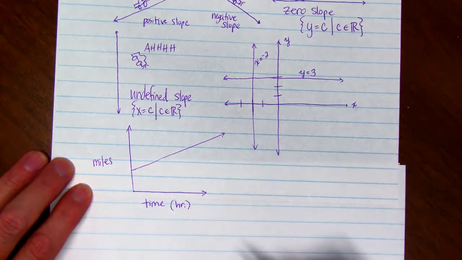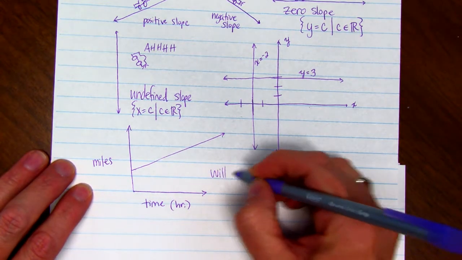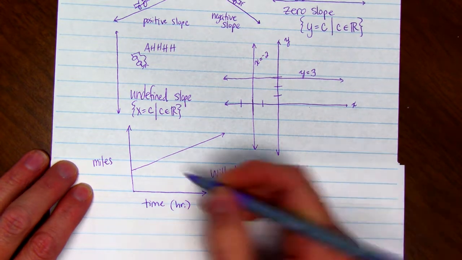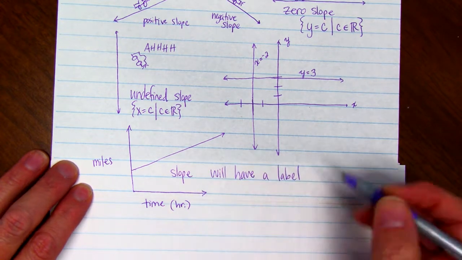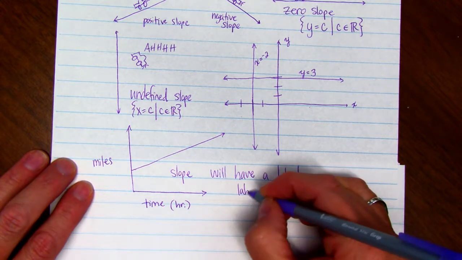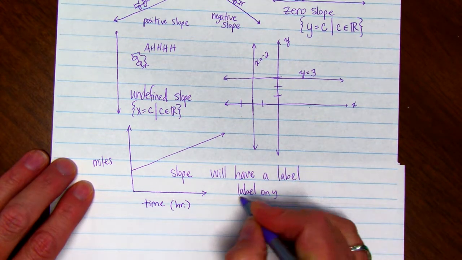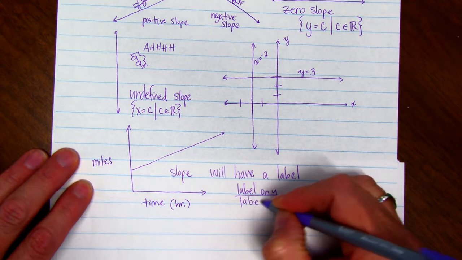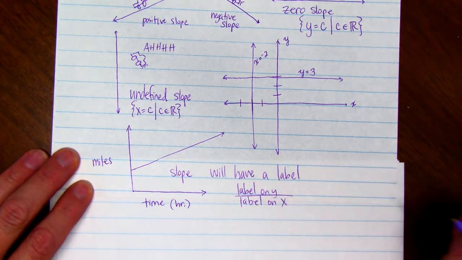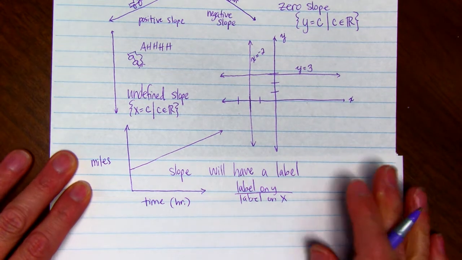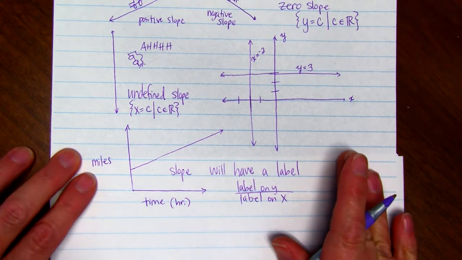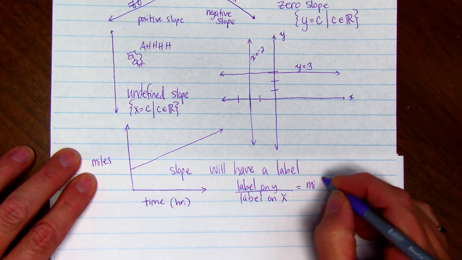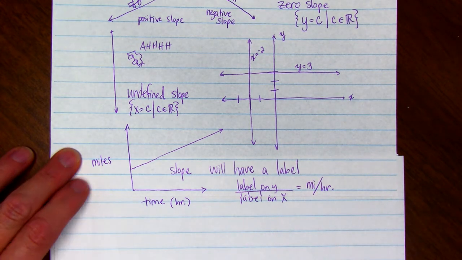The slope will have a label. Here, let me put the word slope in here. It's going to be the label on y divided by the label on x. So in this example, it's going to be miles per hour. That's the end of the lesson.